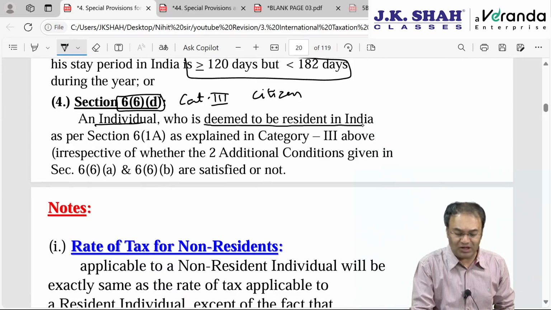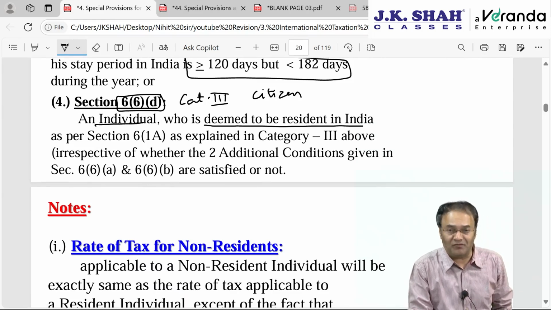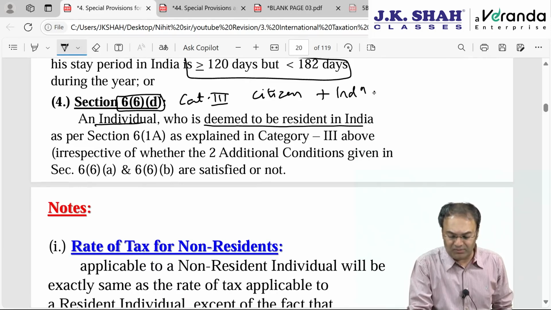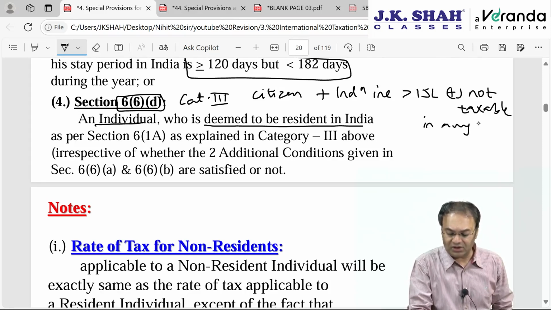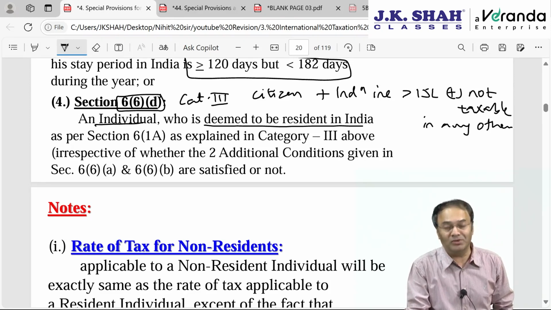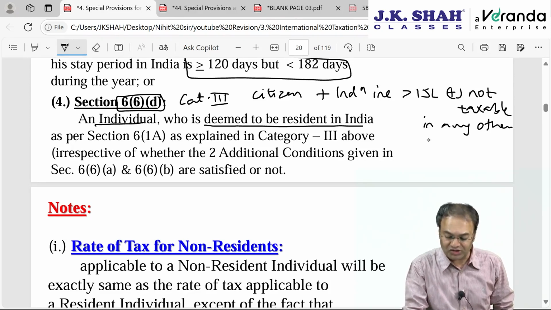An individual who is deemed to be resident in India, irrespective of his number of days of stay, that is, he is a citizen, plus Indian income exceeds 15 lakh rupees, plus not liable to be taxed in any other country, not taxable in any other country because of his residency or domicile, not taxable in any other country or territory.